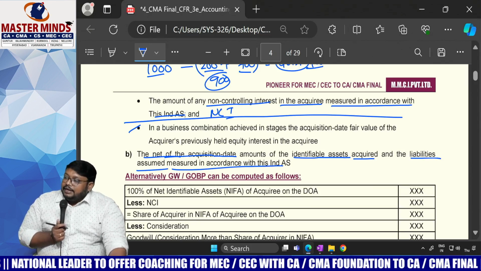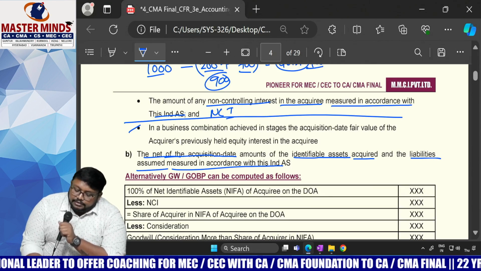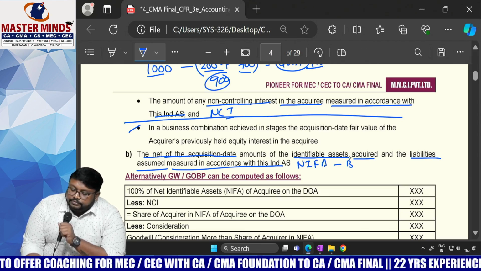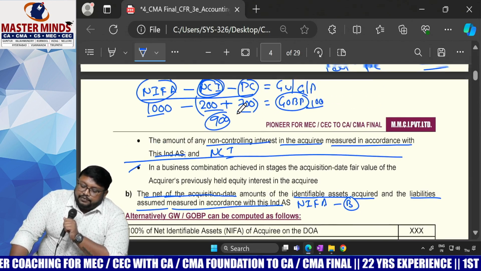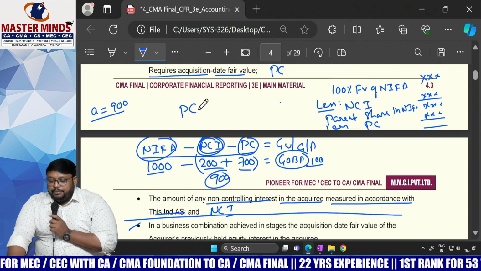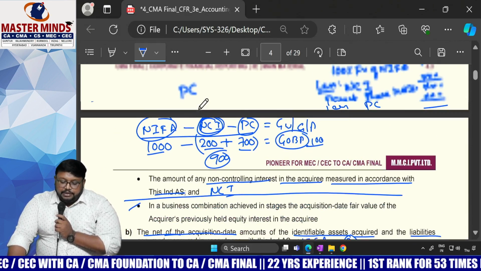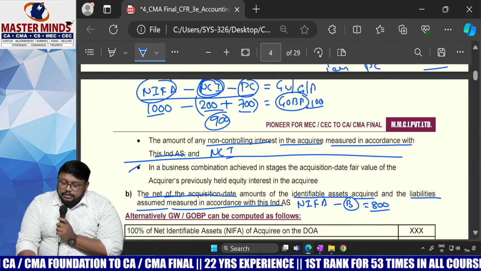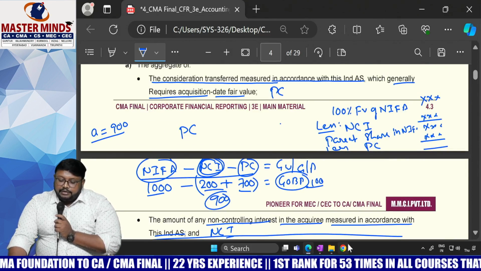Simply, we can say the fair value of net identifiable assets. This is B. Excess of A over B means if A is more than B, then, with net identifiable assets of 800, A is more than B.